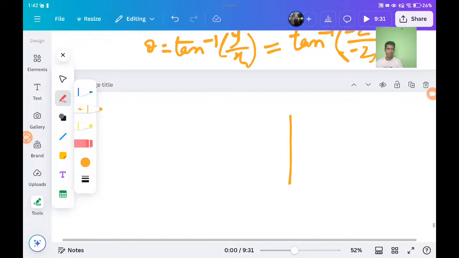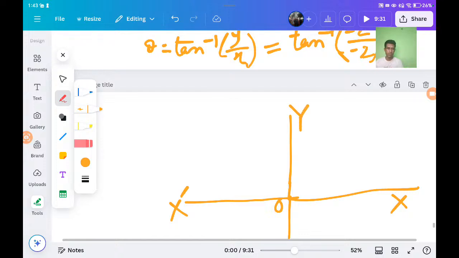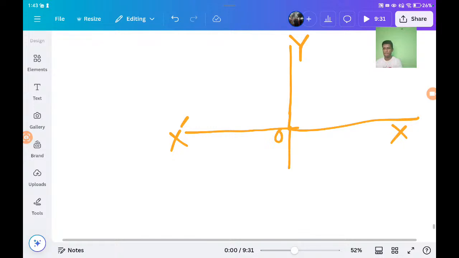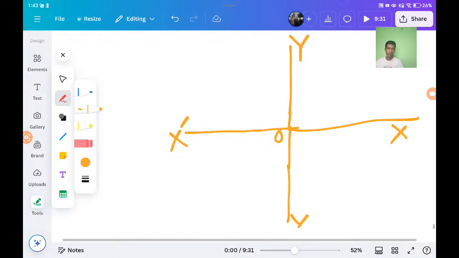Here I am drawing an approximate graph. X prime, y prime, and the point is -2 and -2.